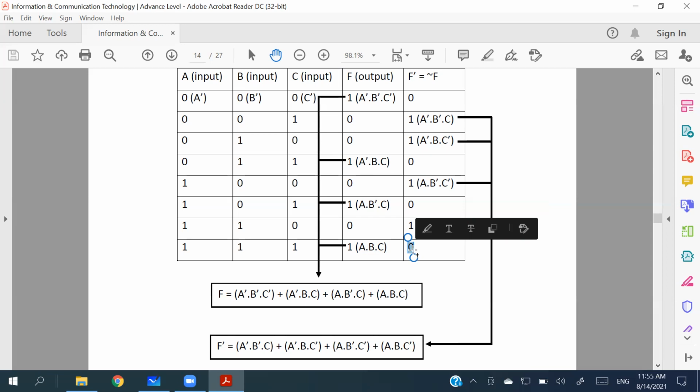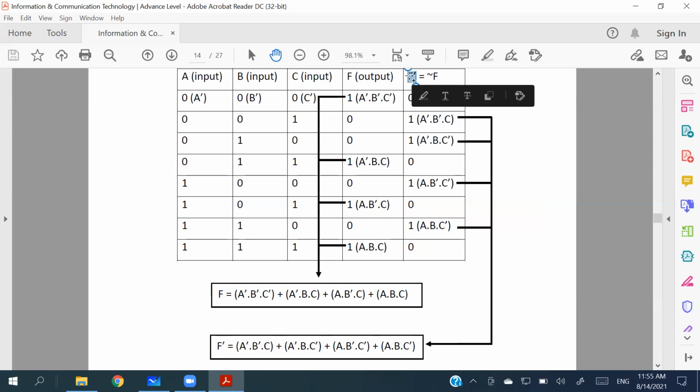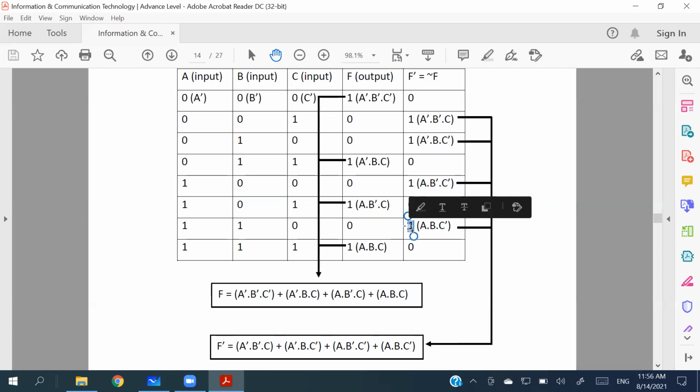Right? And when we are writing the SOP, we follow the same rule. But this time we are going to write an SOP for F bar, not for F. So on the F bar column, that means the very last column, we got 4 ones again in these places. So we do the same thing. This one contains the combination 0, 0, 1.